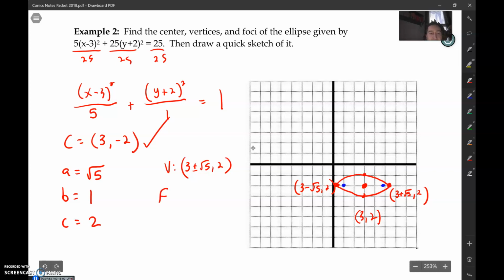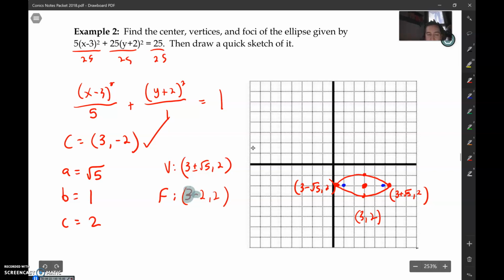And the foci are going to be easier, because the foci, I'll use blue, were just 2 away from the center. So it's going to be (3 minus 2, 2) and (3 plus 2, 2).